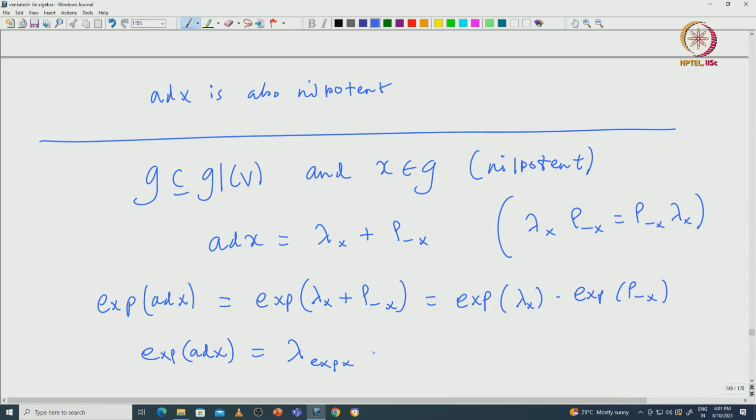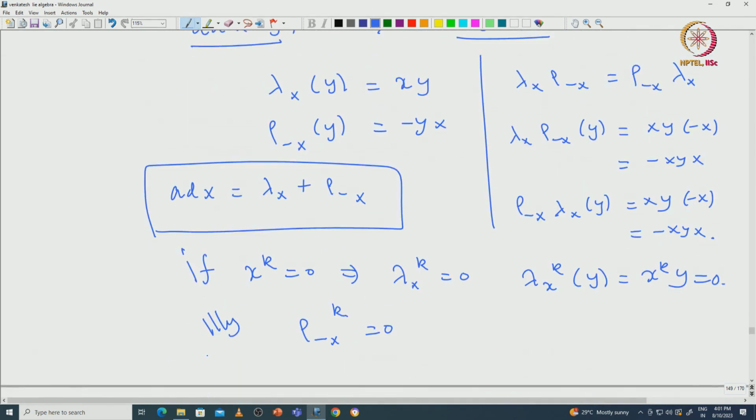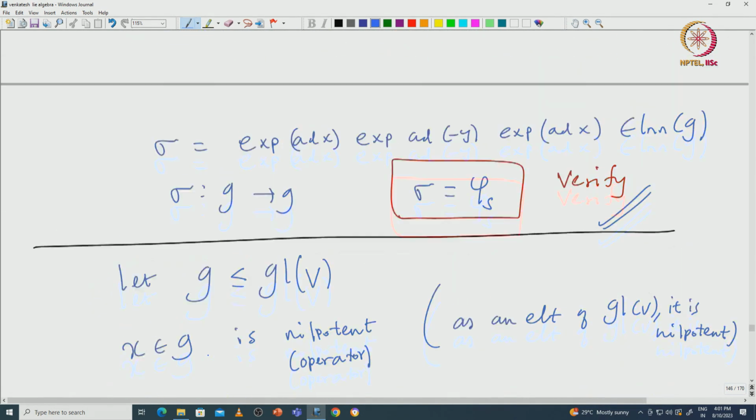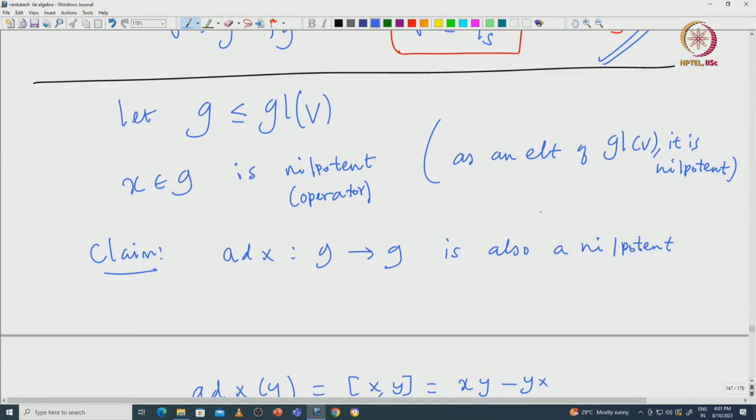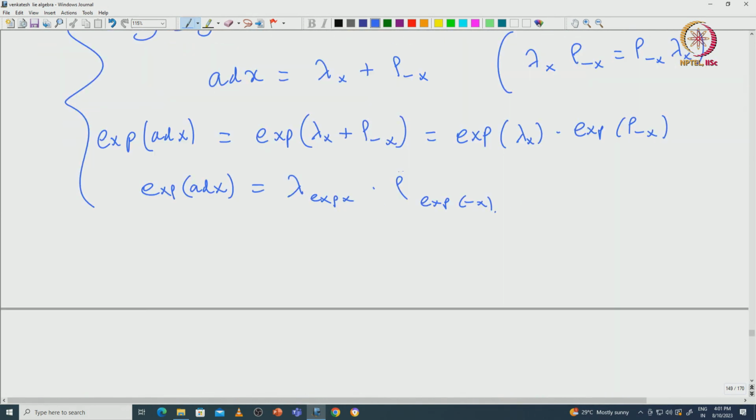Similarly, exponential of rho minus x will be rho of exponential of minus x. This simple calculation you can use to compute what is really happening for sigma. Sigma is given by exponential of ad x, exponential of ad minus y, times exponential of ad x. So you have to apply it three times, but exponential of ad x has a very nice formula. You can use that and just compute. That calculation I will leave to you.